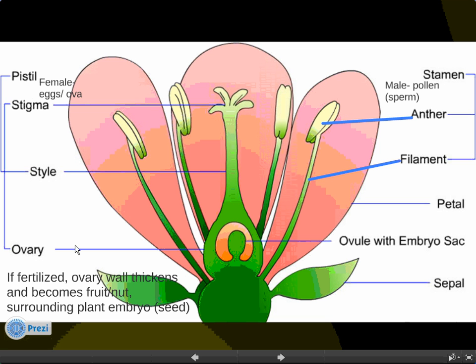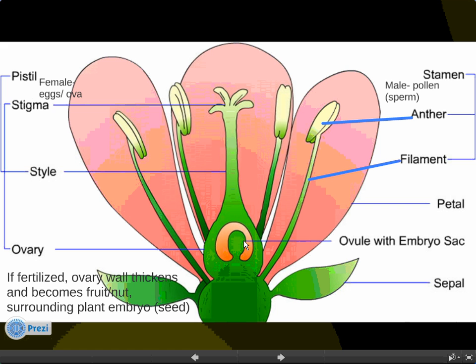So what happens with fertilization is the pollen gets caught on the stigma, goes down the style, goes to the ovary, and fertilizes the egg. If this egg gets fertilized, the walls of this ovary get very thick, and they will become a fruit or a nut.